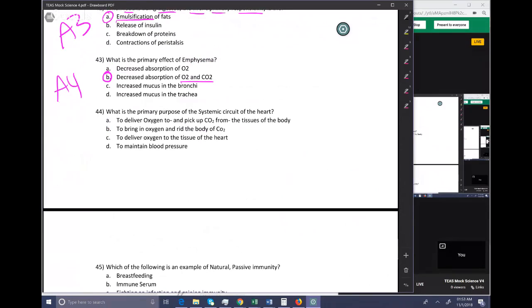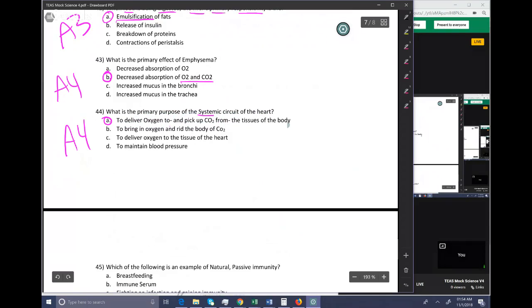What is the primary purpose of the systemic circuit of the heart? This is from Anatomy 4. And that would be A, to deliver oxygen to and pick up CO2 from the tissues of the body. Very similar protocol there to what I said on the question right before. If it's possible to get both of these ends of the process in there, that's ultimate.